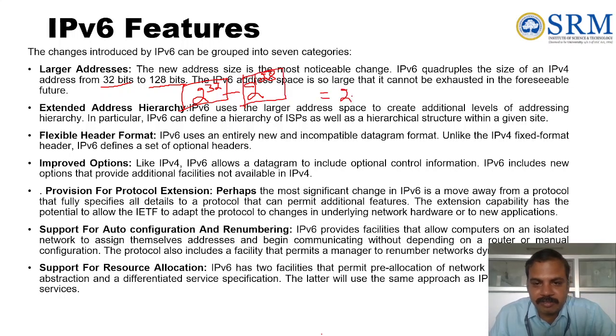So the difference is 2 power 96. We are adding 2 power 96 more addresses by using the IPv6 format. Just think about that factor: 2 power 96 more IP addresses.